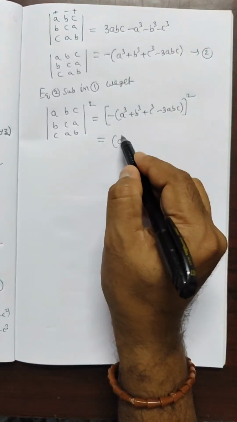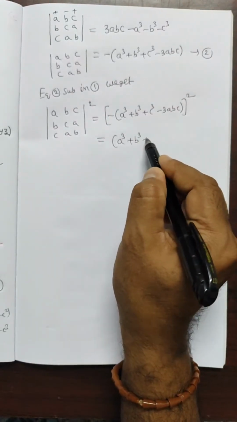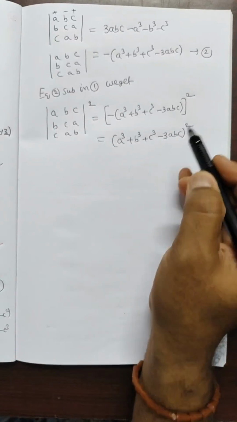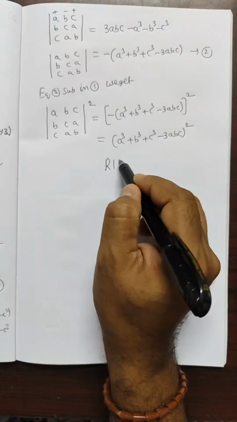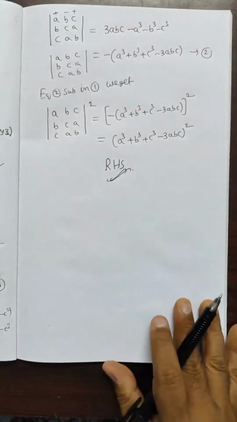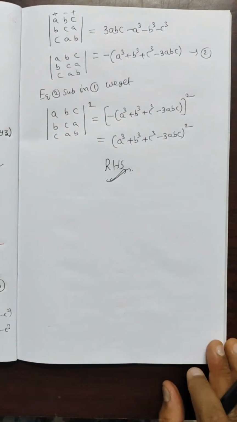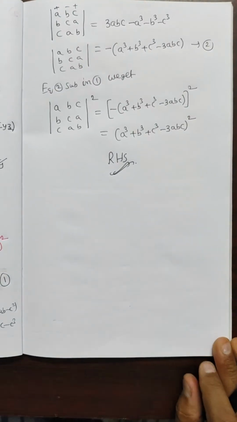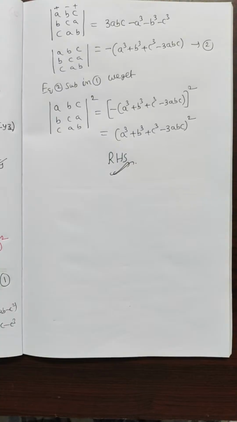So which is equal to (A cube plus B cube plus C cube minus 3ABC) whole square, which is required RHS. Okay, dear students, I hope you understand. We'll move on to third bit. Second bit also completed. We'll move to third bit.